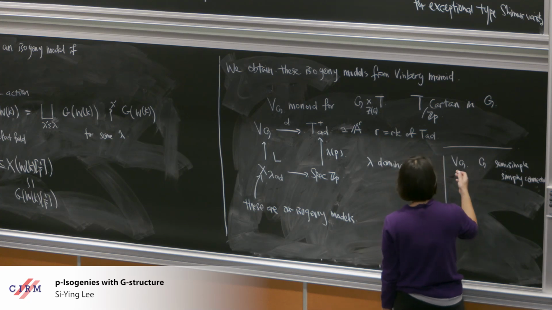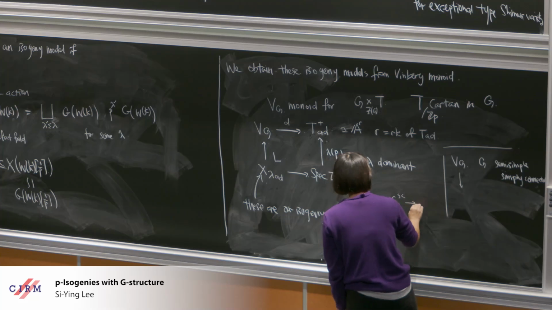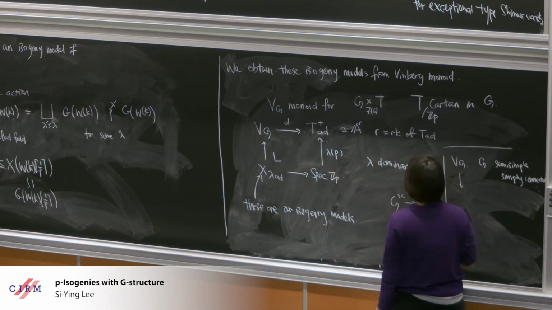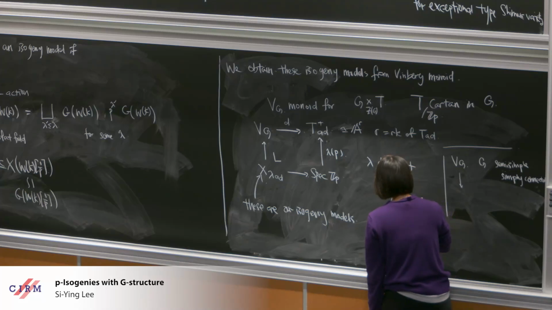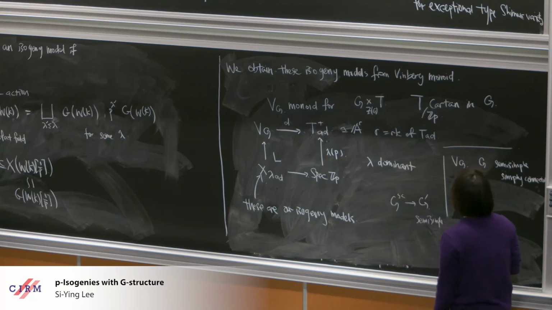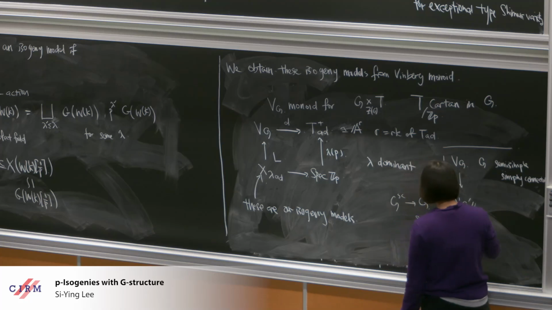Let's say G simply connected is a cover, the simply connected cover of some other semi-simple group. Then the thing that you will get, maybe I call it G prime, at the bottom is related to the top by a GIT quotient by this kernel.